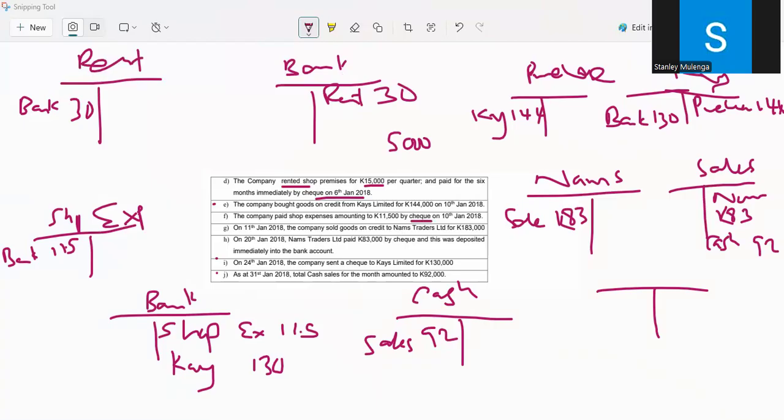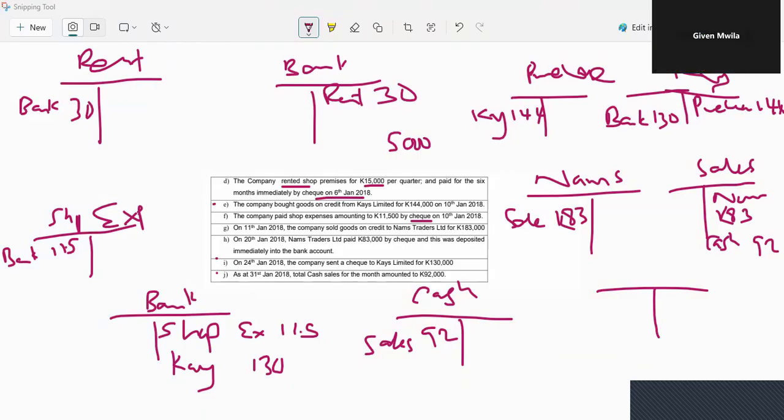This is how the transactions will look like. Then afterwards, you need to take them to a trial balance. Now we need to learn how to balance up those transactions into the trial balance.